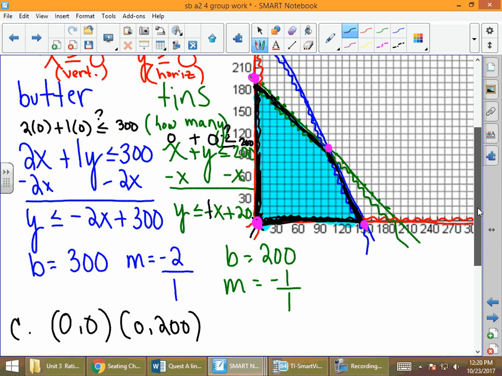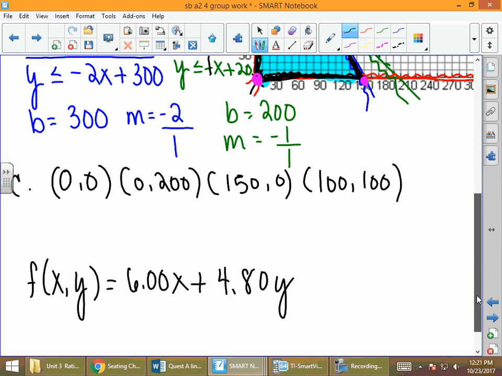This point right here, we have 150, 0. And then this point right here should be 100, 100. Which makes sense here because the problem says we can't make any more than 200 tins of cookies a day.